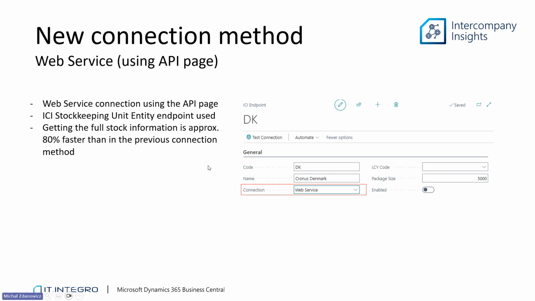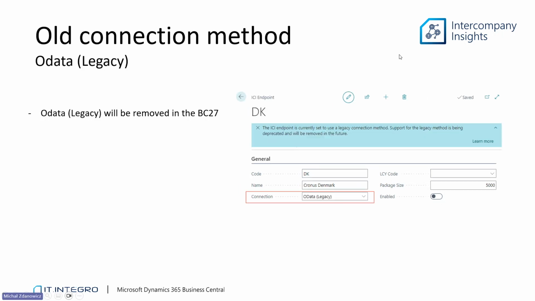On the other hand, the old connection method has been set as the OData legacy, and this communication method will be removed in BC27.